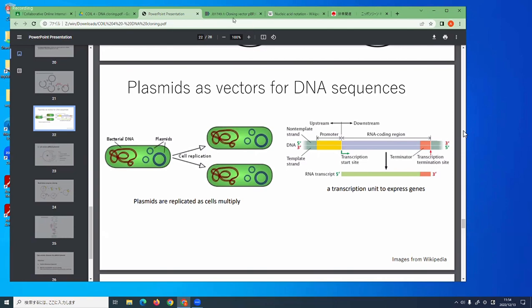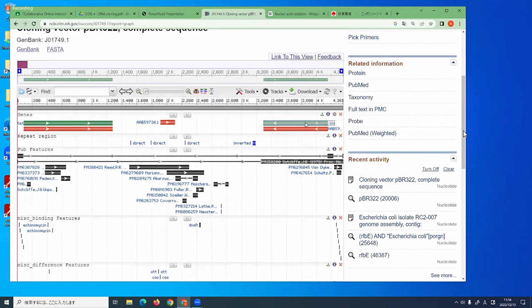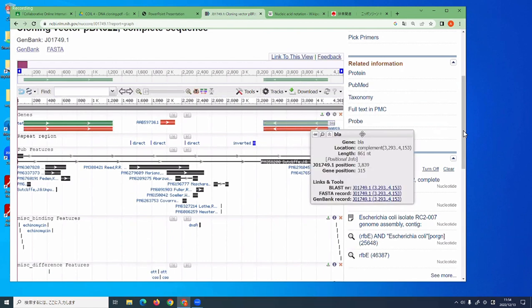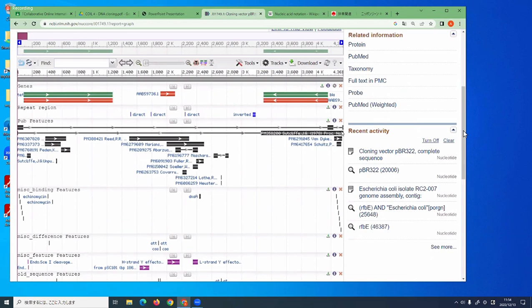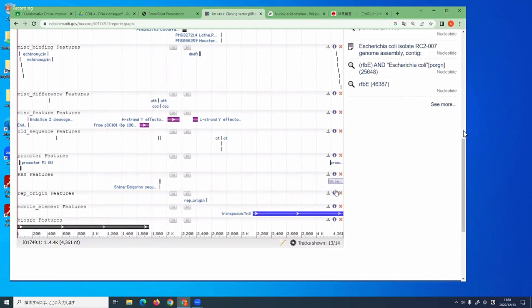So let's look at that. We know that we need to express this beta-lactamase gene, and upstream of that, right? You can look at here. These are the little binding features. If you put your mouse here, you can find the promoter here, right?